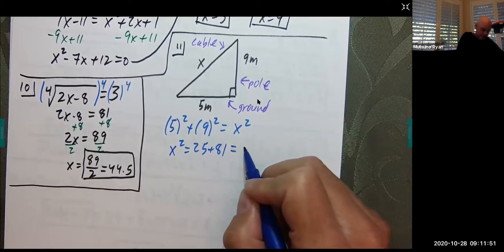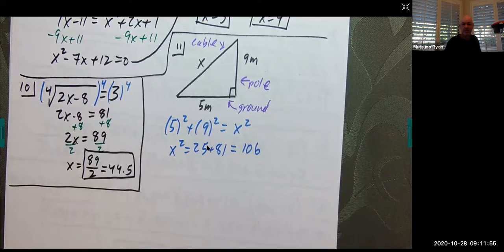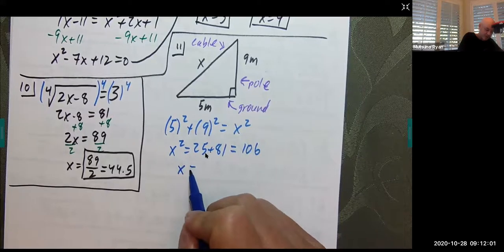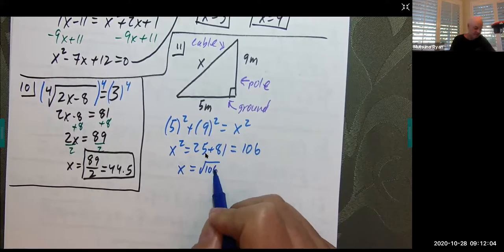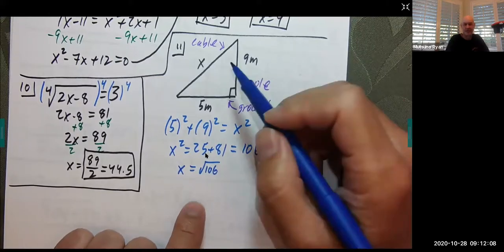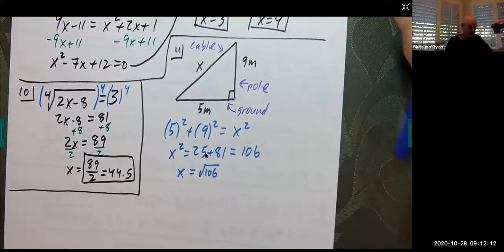Let's see, that's 106. So I'm going to have to do the square root of both sides. Now, to be clear, even though it should be plus or minus, we're not really looking for a direction or a negative answer in this case.